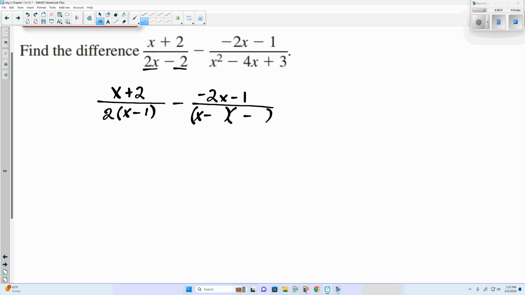Factors of 3 are indeed 1 and 3. If we did want to make sure, I can do it off to the side. x times negative 3 is negative 3x. Negative 1 times x is negative x, giving us negative 4x, which is our middle term. So that's just verifying. Okay.